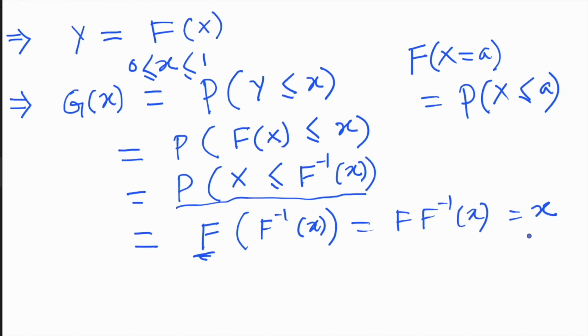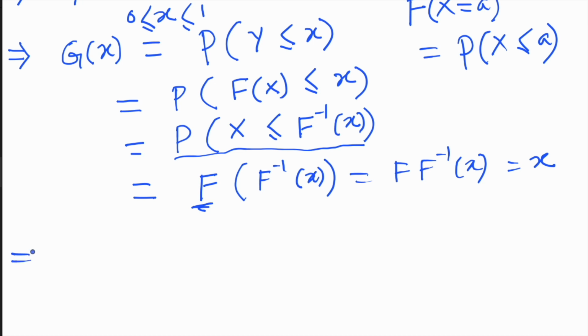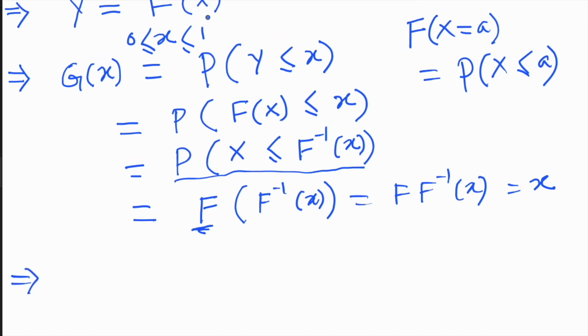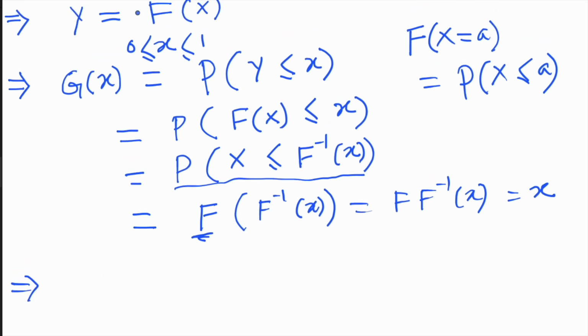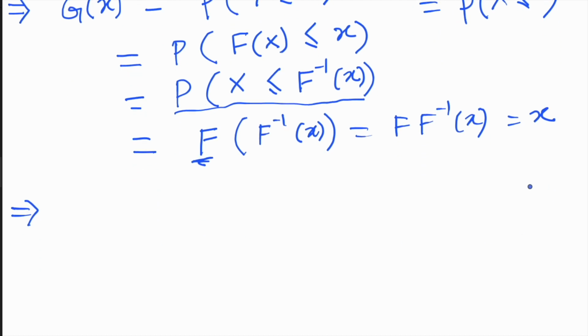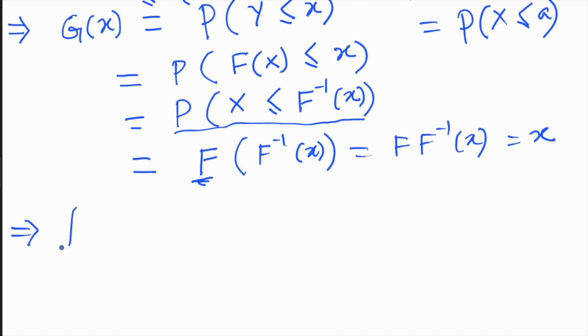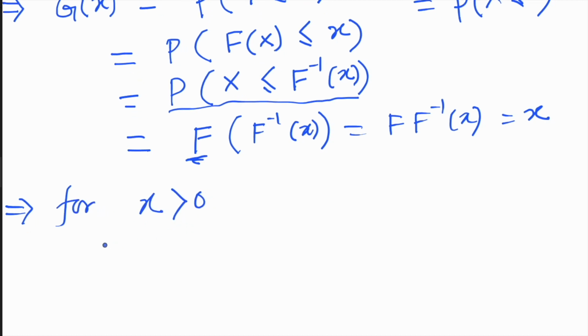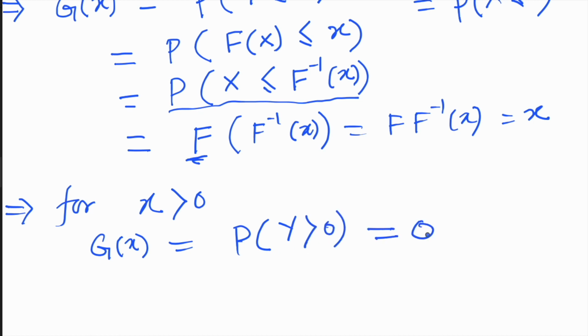So we get that the cumulative function of this random variable Y equal to F(X) is x. And for x greater than 0, what will be the value? It is not possible, so this probability is 0.